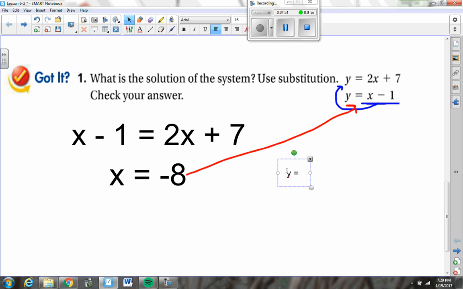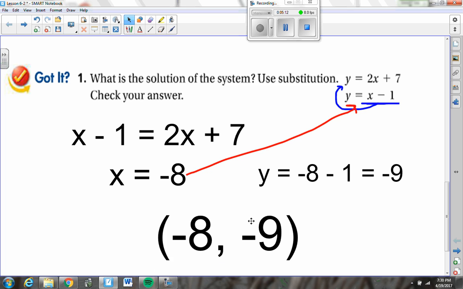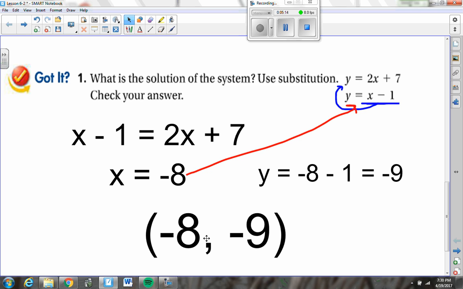It says y equals negative 8 take away one more, which ends up equaling negative 9. So y equals negative 9. So I have a coordinate point, negative 8 comma negative 9. That's my solution to this system of equations.